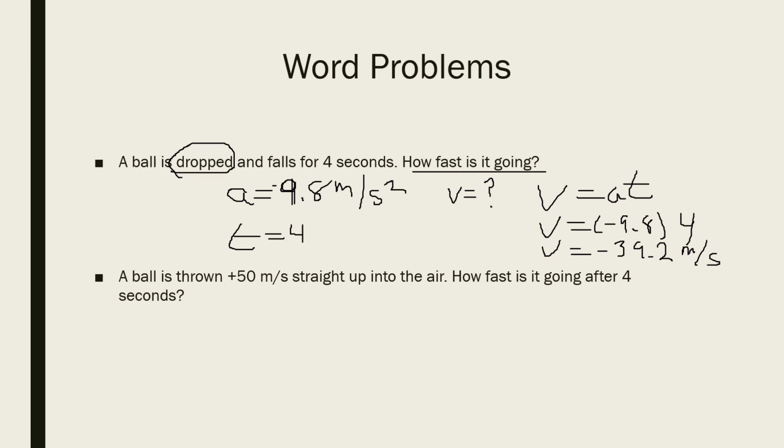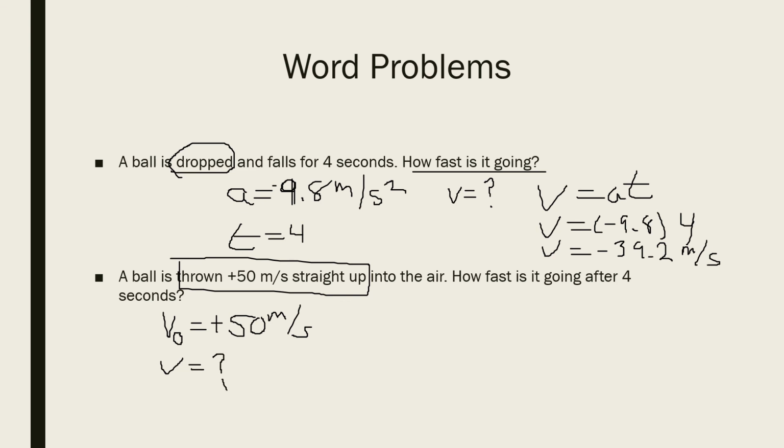Simple. A ball is thrown straight up at 50 meters per second. Well, if you're throwing it, it's probably vertical throwing, which means that the V naught is 50. It's thrown straight up into the air. It says how fast is it going? So that means, again, we're looking for velocity. 4 seconds. Feel like we're missing some information. Of course. Gravity.